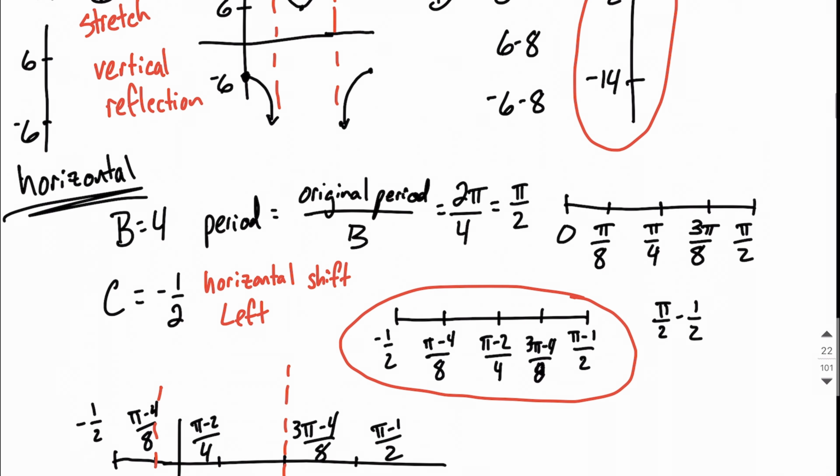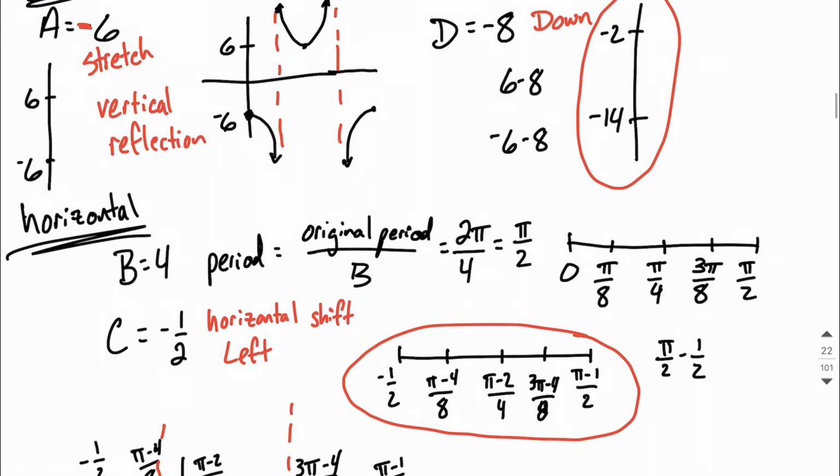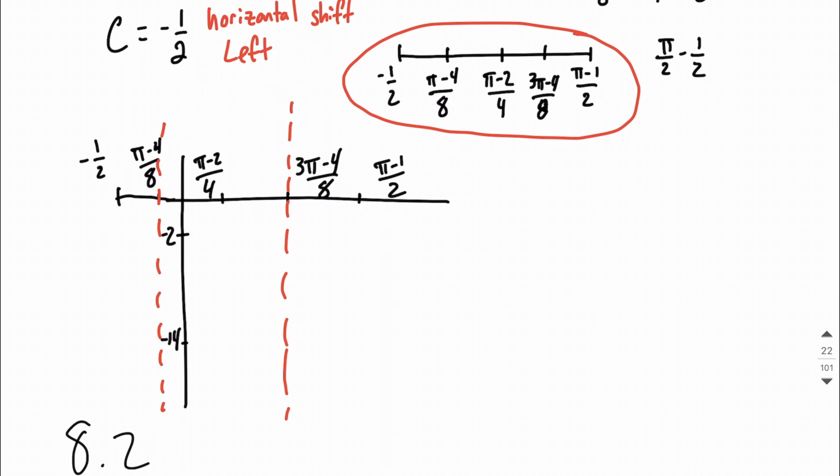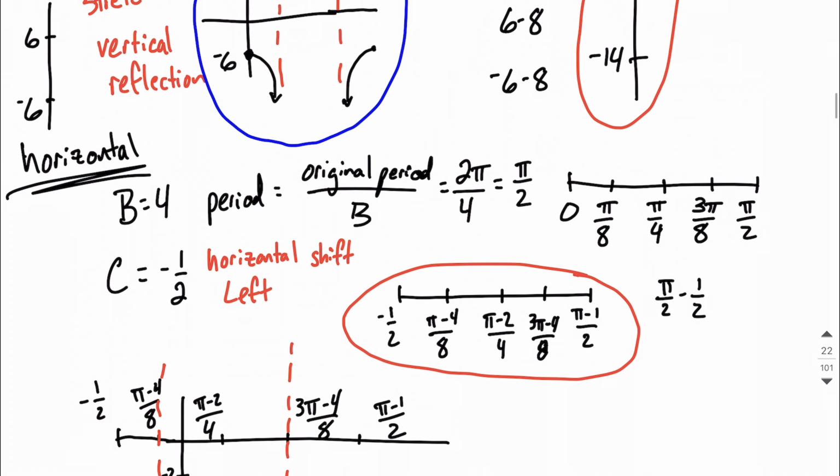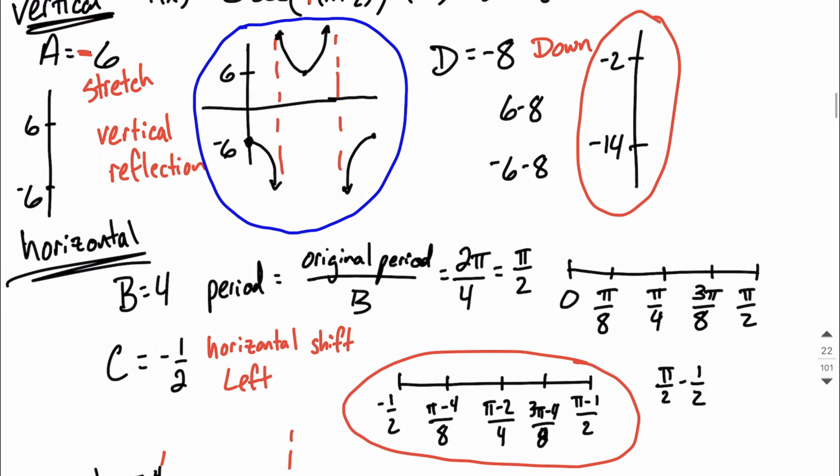All right, recall this has been flipped upside down. So much like this graph, we're going to start at the lower label, right? In our case, that's going to be at -14. And then the first x-axis label, which is going to be -1/2. All right, so -1/2, -14, right about here. And then it's going to go down when we approach that vertical asymptote. Our next one, remember, it's the same look as this graph up here, circled in blue.